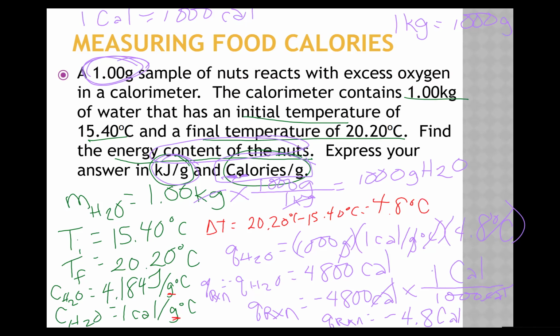Now we have to do per gram of sample. So we divide it by 1.00 gram. So the answer then would be negative 4.8 Calories per gram. I know it's a lot of math. We just did 2 math problems for this one.